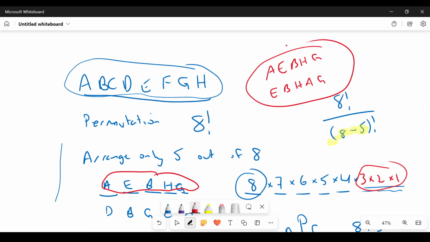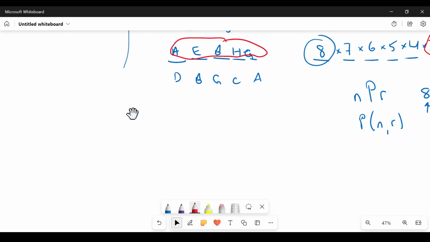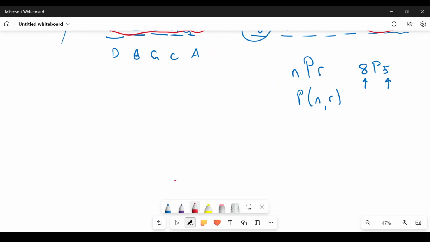So we call this choosing, or more formally combinations. But how do I choose without arranging? Choosing without arranging, that's what we're going to need in order to answer the question we're working on.